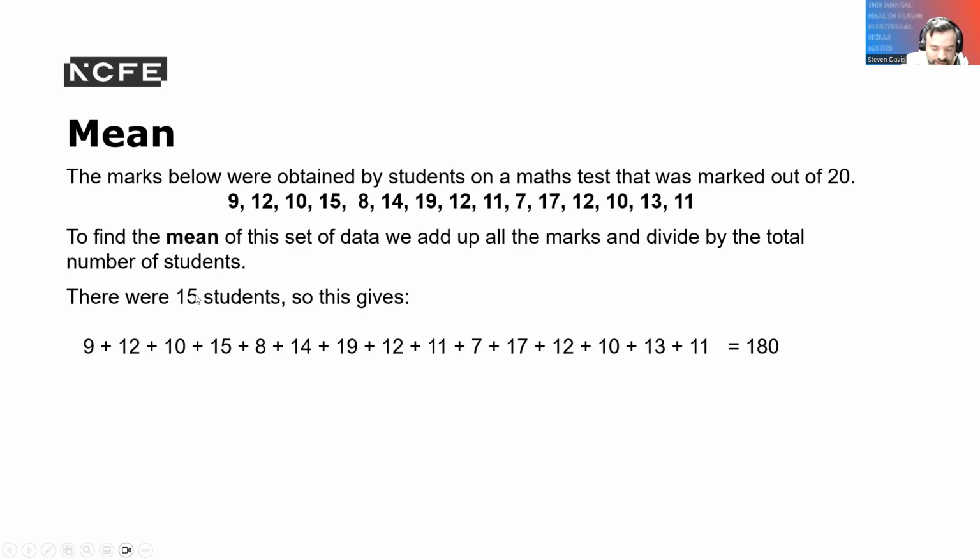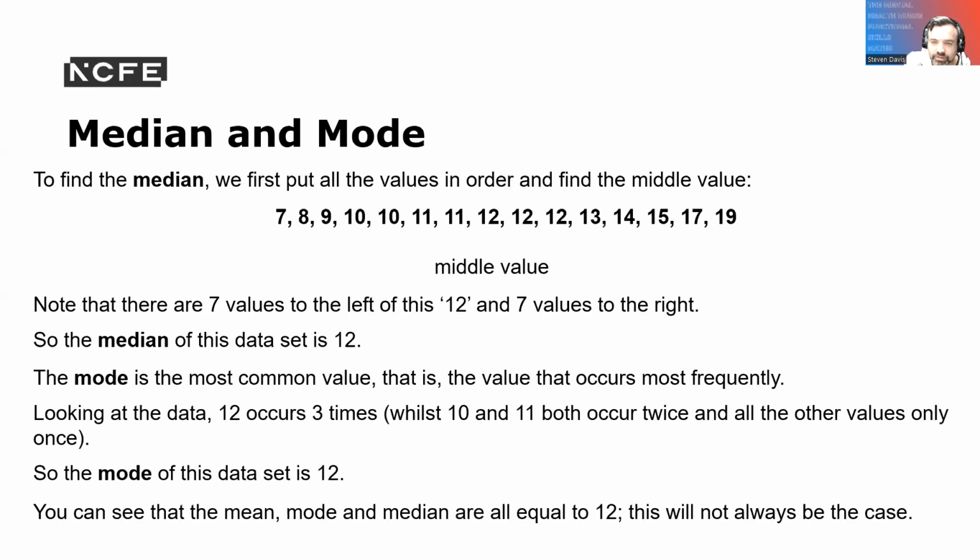The mark was out of 20, there's me not reading it properly. So there are 15 students. We add all of that up, which equals 180. And then we do 180 divided by 15, which is 12. This means that the mean for this set of data is 12.